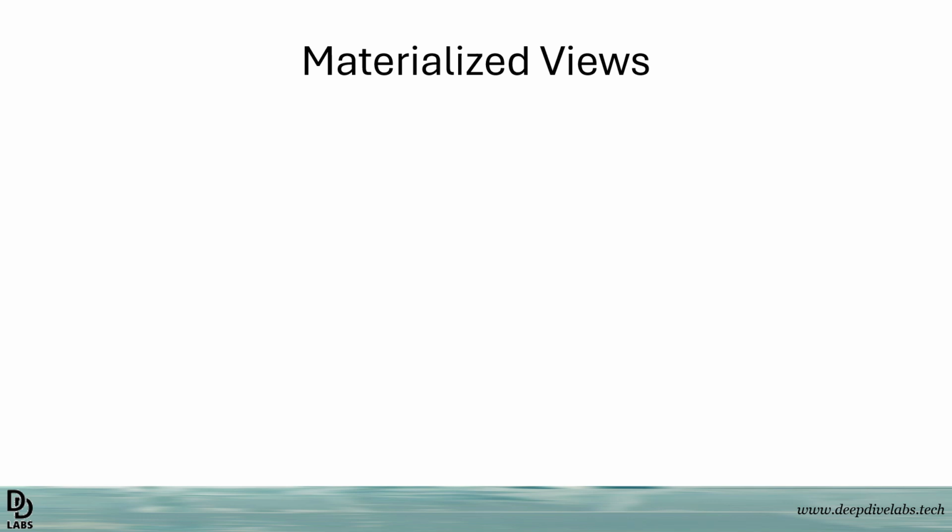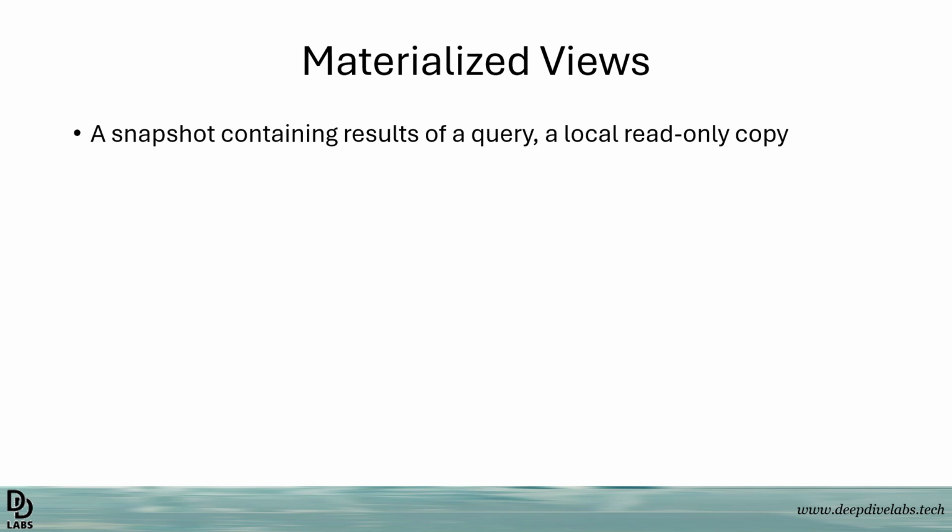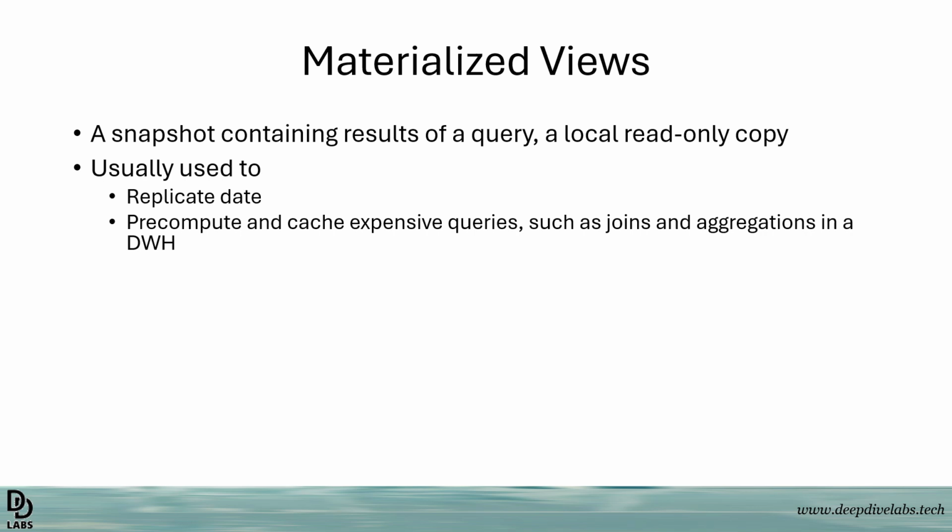So finally, we are going to take a look at materialized views. So a materialized view is a snapshot containing results of a query, a local read-only copy. So it's typically used to replicate data. So you pre-compute and cache expensive queries such as joins and aggregation in a data warehouse as a materialized view.